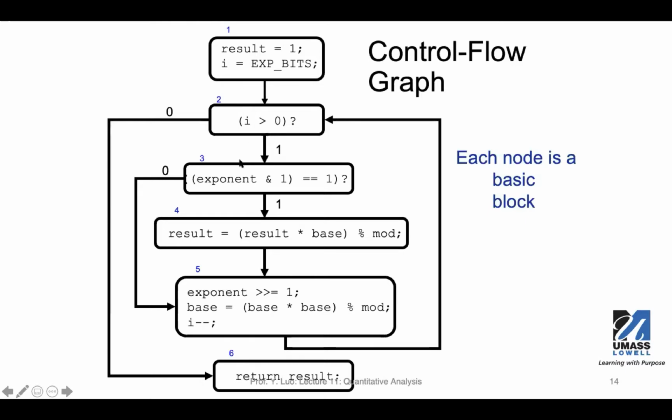And you can see there are a lot of different possibilities for how this program will be executed. Because I is initially 32, you will always execute this path. But depending on the input value of this exponent, you may or may not execute this line. Well, actually you do execute this line, but the next line will depend on the actual value of the exponent. So you may execute this basic block or just skip to the next basic block.